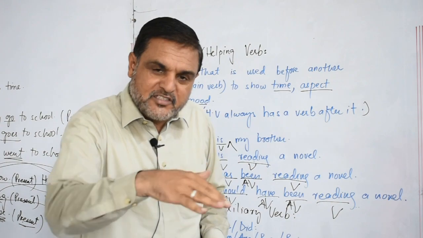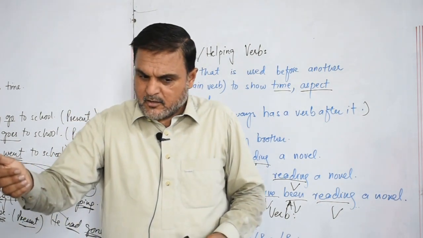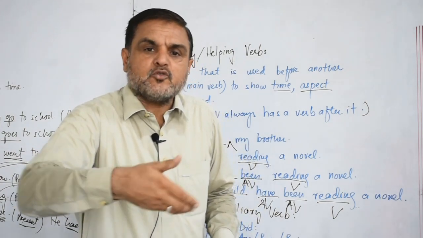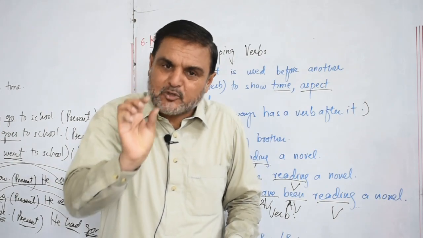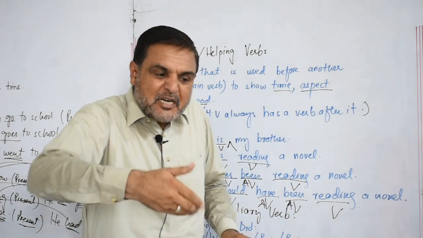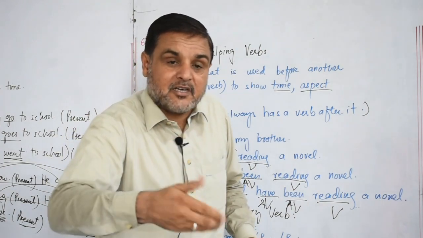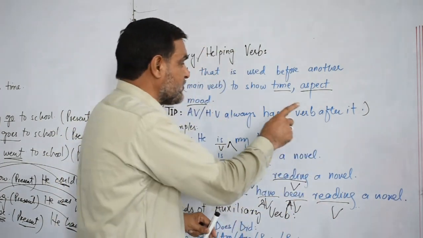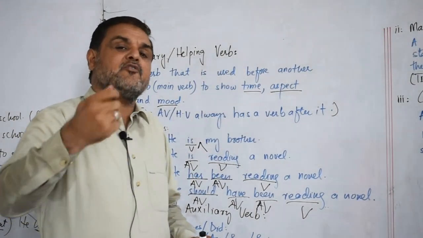Auxiliary, or you can say subordinate, serving, and helping also means to serve. So the very name shows: a helping verb is the verb that helps another verb, the verb that serves another verb. And there are three ways of serving: showing time, showing aspect, showing mood, which we will discuss at some other forum later on.